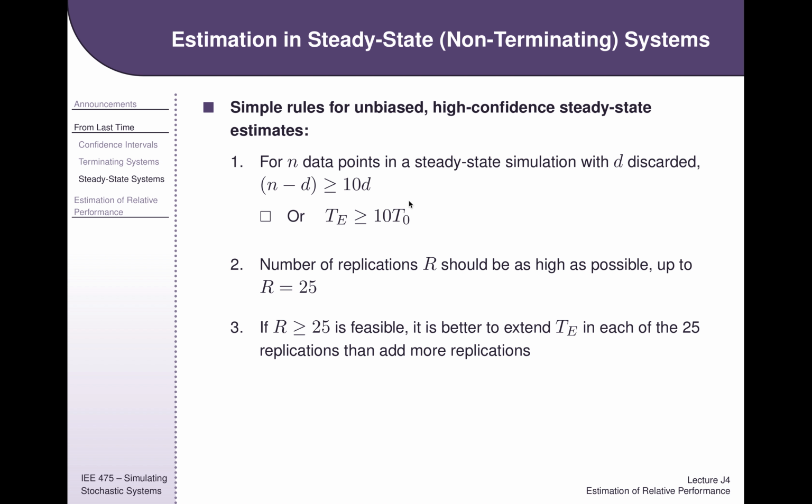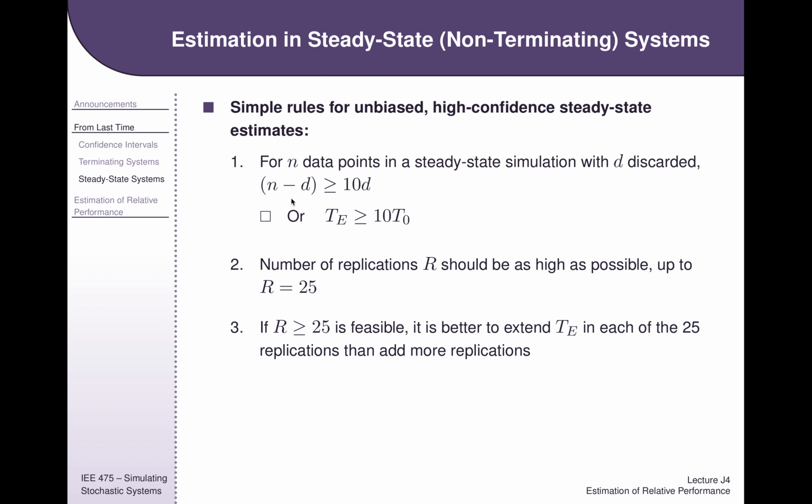Well, now that I've discarded data, I don't have that much data left over, and so I need to run my sim for longer to compensate for all of the data that I've discarded. And because I really care about getting a lot of data from the good period that represents where my system should match the behavior of the real system, I am going to make sure that I have a lot more good data than discarded data.